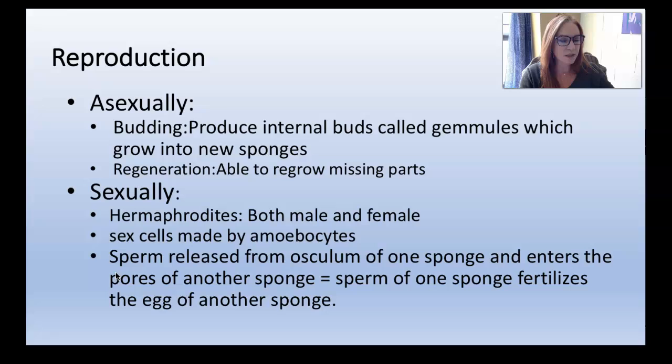They float in the current, and if they happen to bump into another sponge of the same species, the sperm will enter that sponge and be used to fertilize the egg cells in that sponge. So they generally don't self-fertilize. They release sperm, then sperm from another sponge comes into them, fertilizes their eggs, and they go through the zygote, blastula, and gastrula phases, and then they'll be released as larvae into the ocean from there.